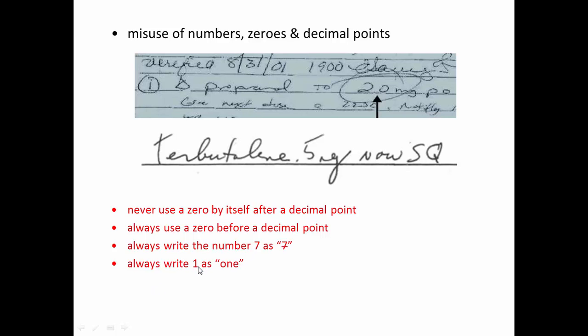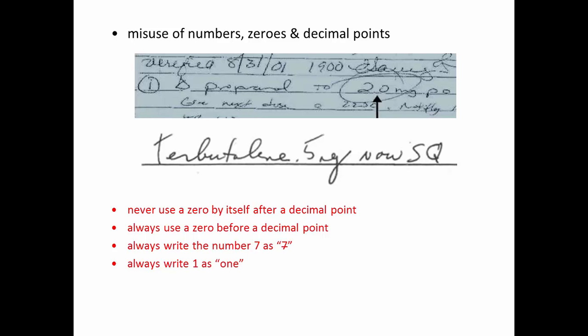Because 1 can look like an L, it can look like a T, and that can be confusing. Along those lines, the number 7 also can look like a 1, so it's recommended that instead of writing 7 as normal, you put a little line through it, and that helps distinguish it from a 1.